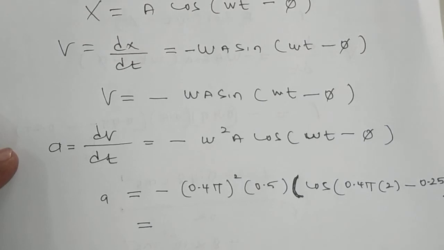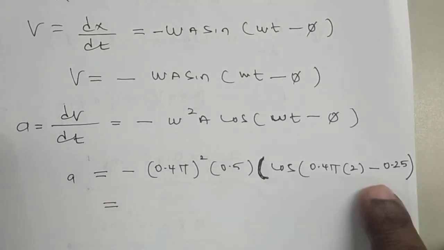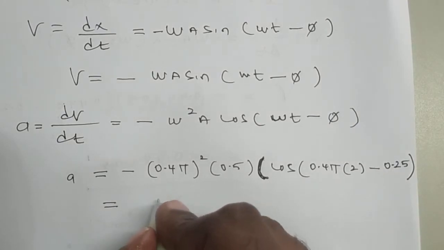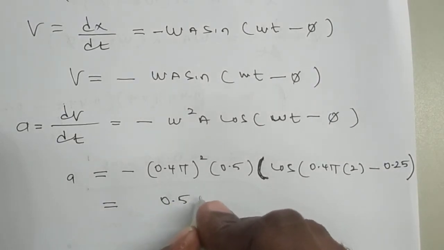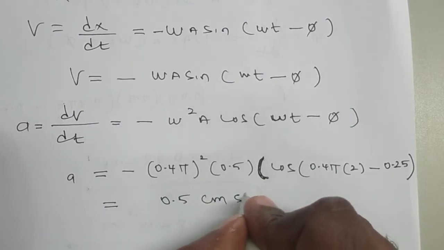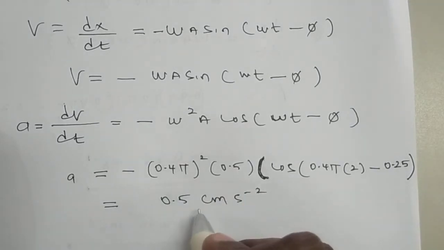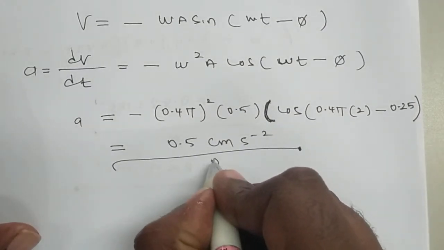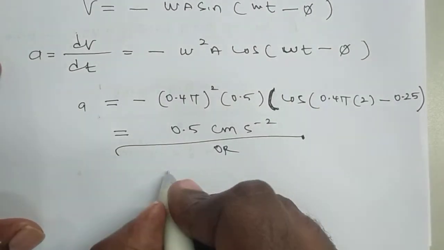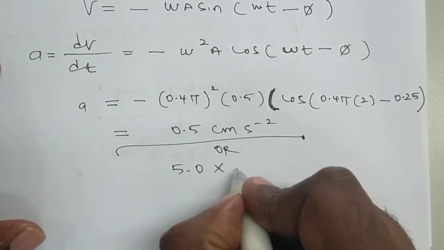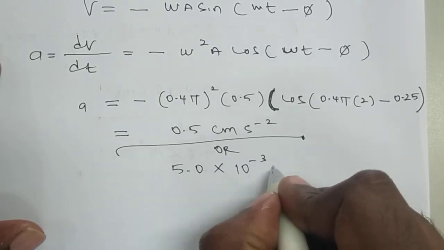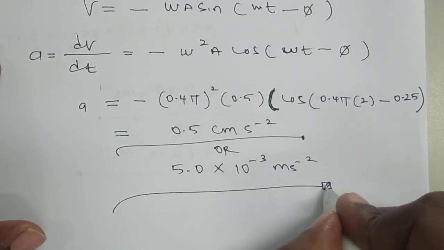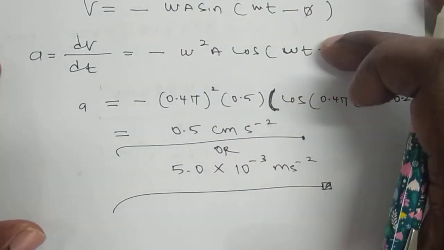So we substitute all the values accordingly and we will get exactly the same answer, 0.5 centimeter per second square, or 5.0 times 10 to the power of negative 3 meter per second square. Piece of cake, we just need a cup of coffee.